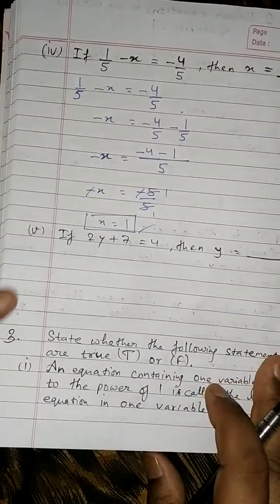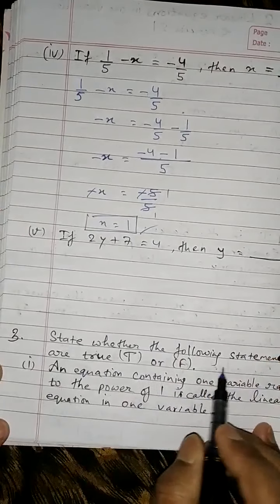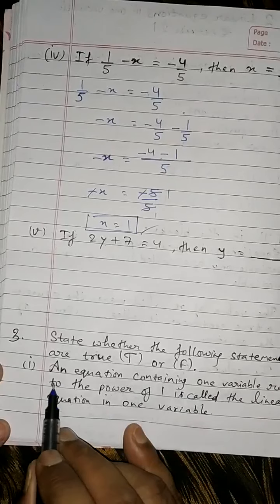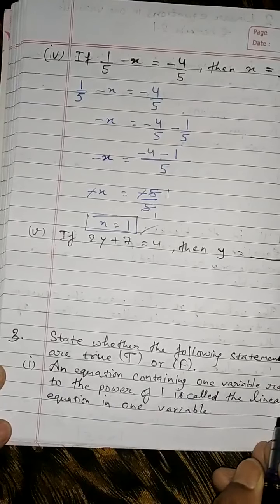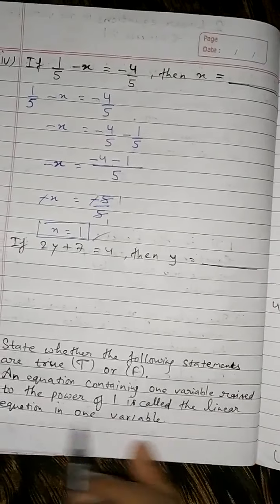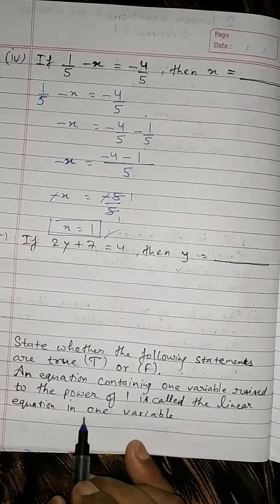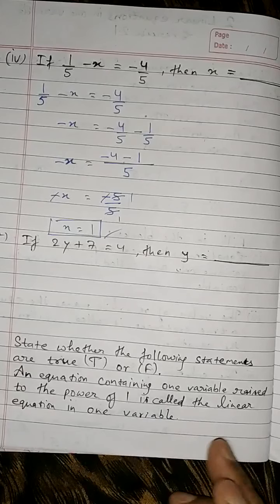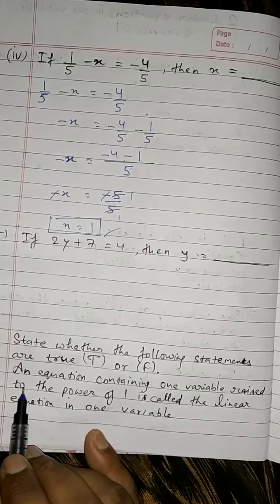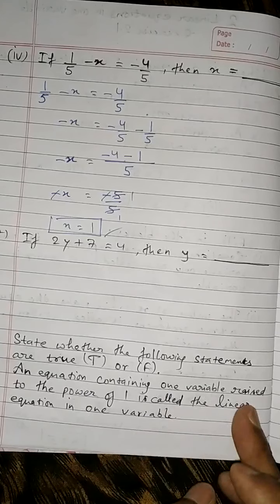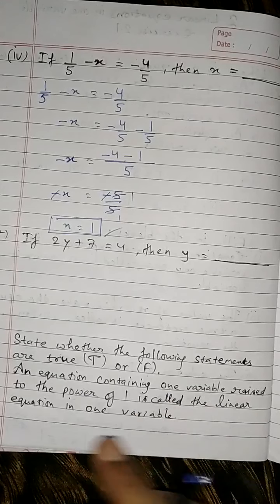Next is question number 3. State whether the following statements are true or false. An equation containing one variable raised to the power of 1 is called the linear equation in one variable. Yes. Any equation having one variable raised to the power of 1 only is called the linear equation.